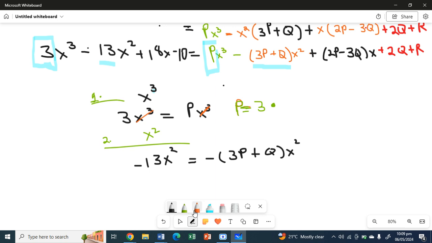Get rid of the x squareds, or you don't even need to write them. You can just put negative 13 equals negative (3p plus q).